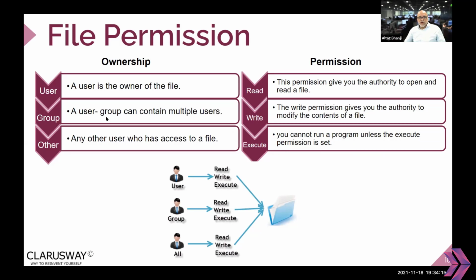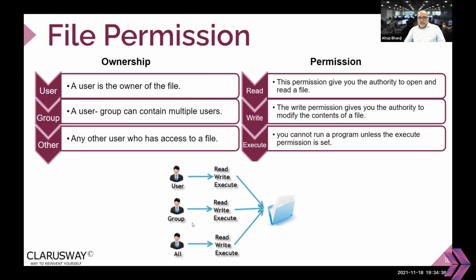And so the permissions are assigned based on three entities or three levels of ownership. One is the user permission, one is the group permission, and then the third is everybody else who's not the user or not in the group.